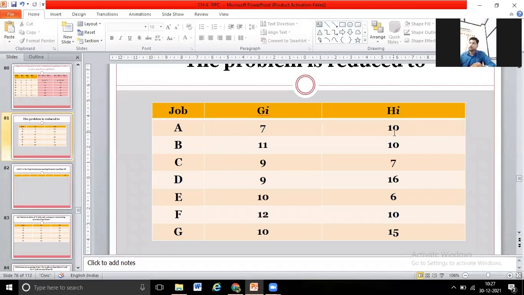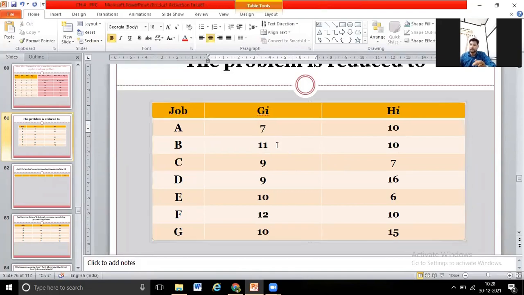Now the further process is the same as we have implemented for N jobs and 2 machines. Now what we have to do? We have to tally all the time periods and determine the lowest processing time. So 7, 11, 9, 9, 10, 12, 10, 10, 10, 7, 16, 6, 10, and 15.